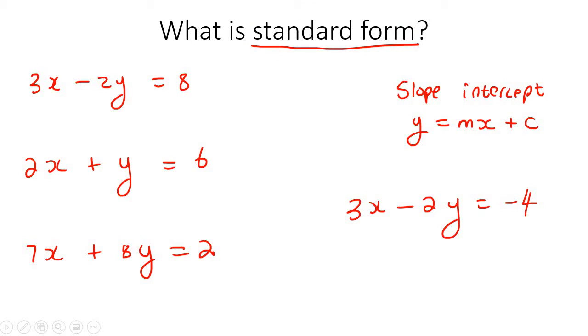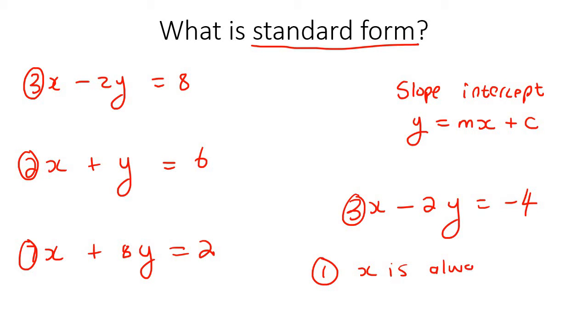The first thing I would like you to realize is that the x is always a positive number. Number one, the number in front of x is always positive. Number two, there are no fractions.